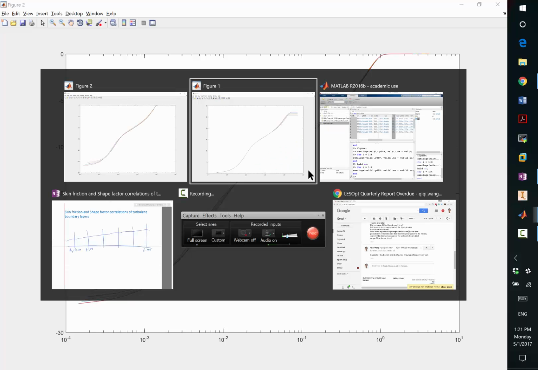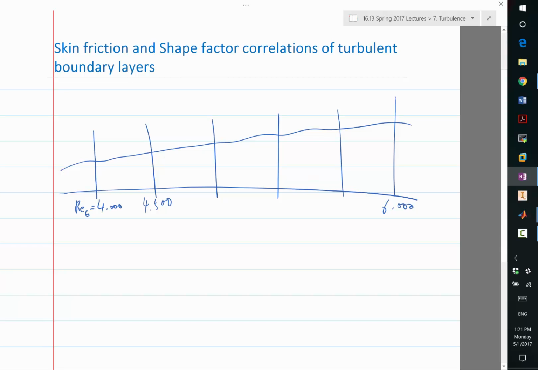So this universality of the boundary layer, both in the inner layer and outer layer, motivates us to derive the skin friction and shape factor correlation from an assumed boundary layer profile.